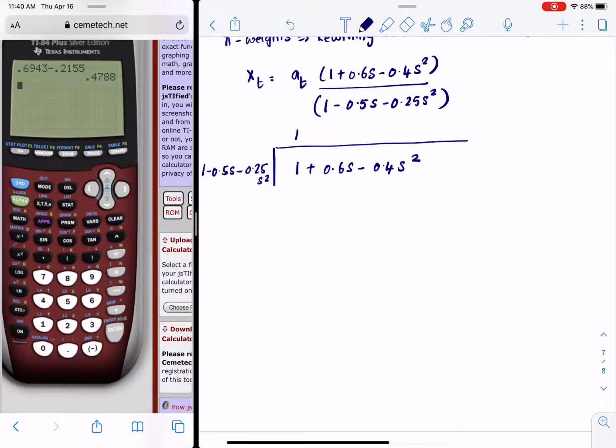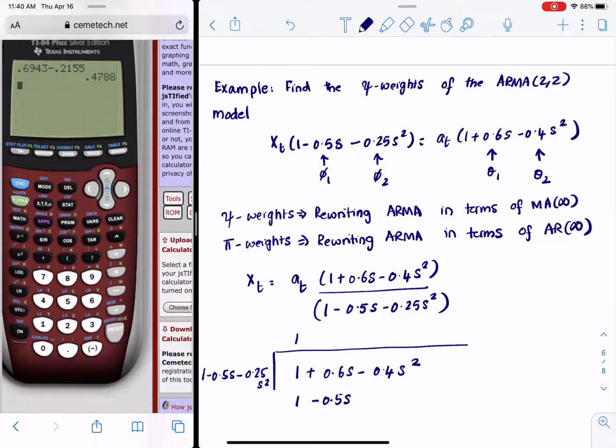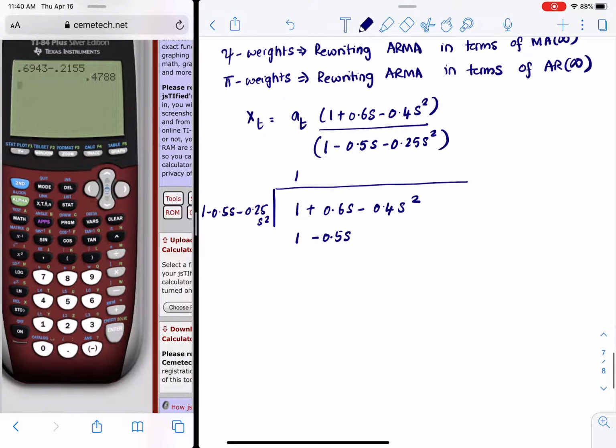Let me limit the question. I said psi weights for the ARMA 2-2 model, which would mean we would have infinitely many. We will just say the first 5 psi weights: psi 0, psi 1, psi 2, psi 3, and psi 4.